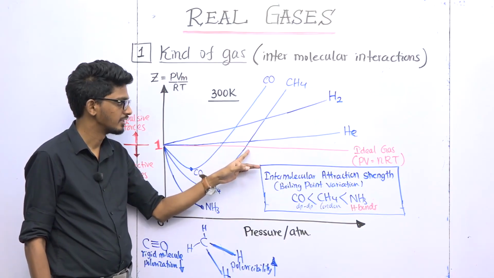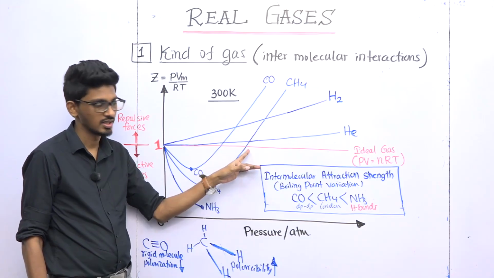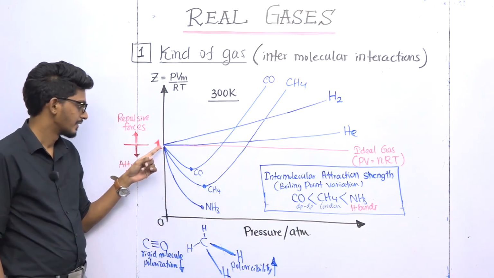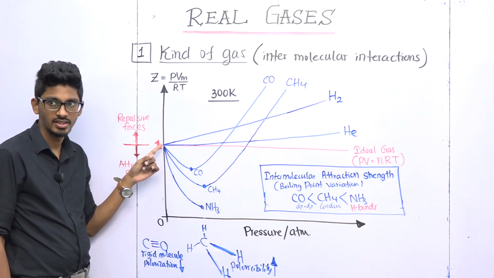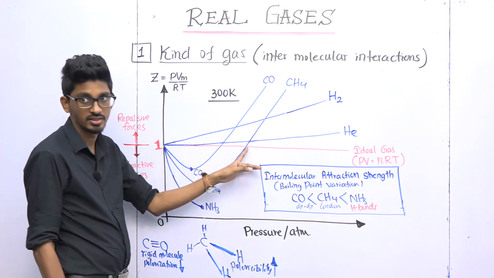Why is that? At this point, both the attractions and repulsions are there with equal strengths. At this point, you don't have attractions or repulsions. That is the ideal behavior for CH4. But at this point, even though it follows P equals nRT, it is not ideal.